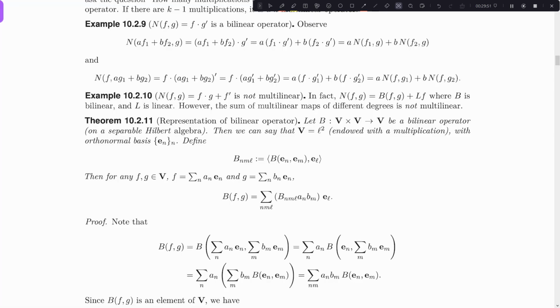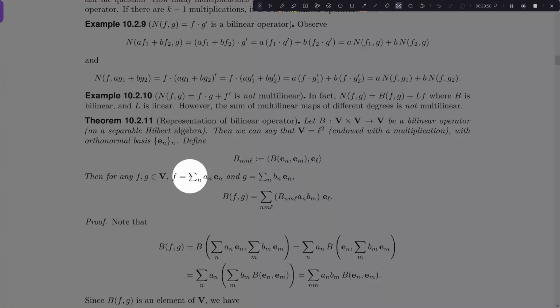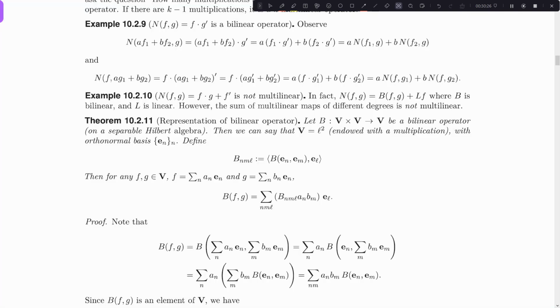And in fact, given this representation, if we represent an element F of my vector algebra as its sum against the basis, and G as its sum against the basis, then we can compute the bilinear operator B of F and G as the sum over three entries of B_{N,M,L}, a_N, b_M. So the two vectors F and G have been interpreted against the basis, and then I sum against my bases.